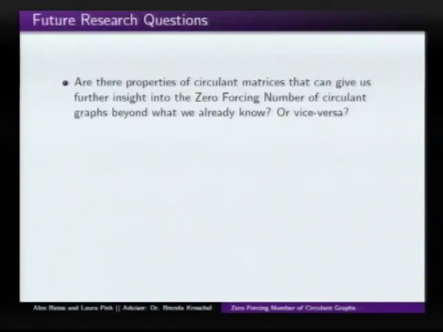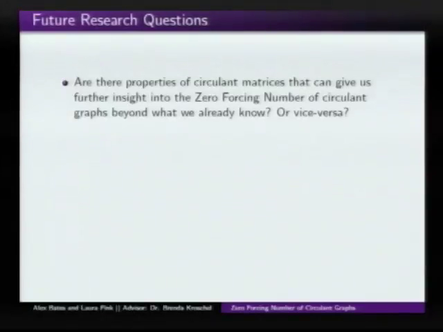So we have a couple of further research questions that we were thinking about as we wrapped up our project last summer. One of them was, are there properties of circulant matrices that can give us further insight into the zero forcing number of circulant graphs beyond what we already know?